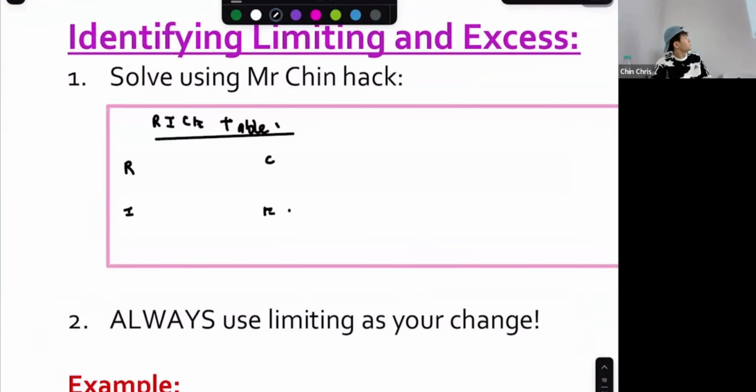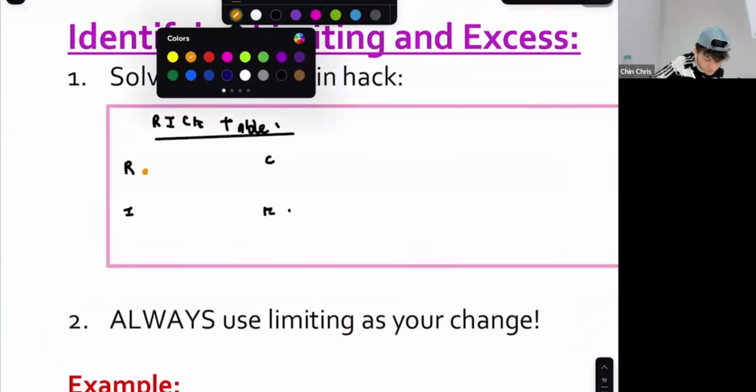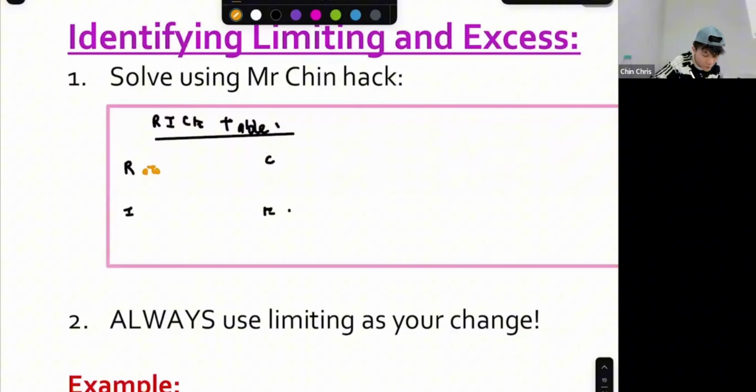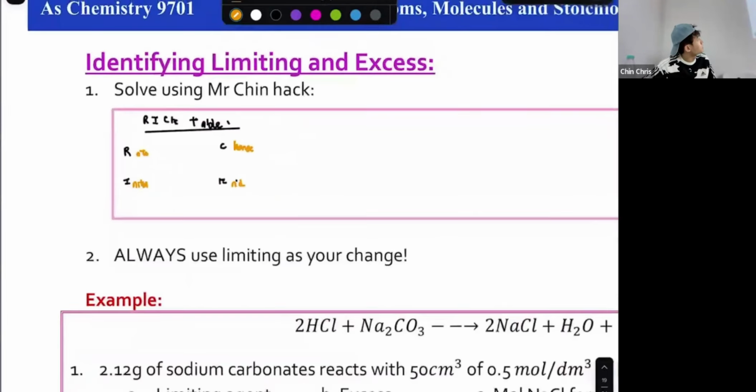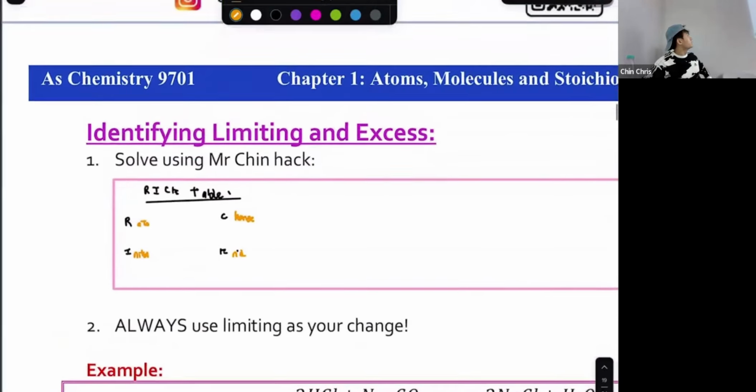R stands for ratio, I stands for initial, E stands for end.